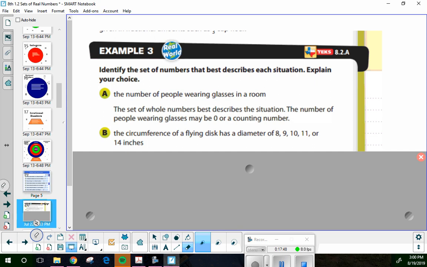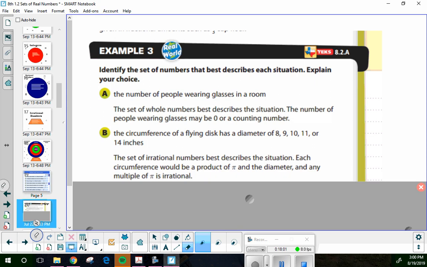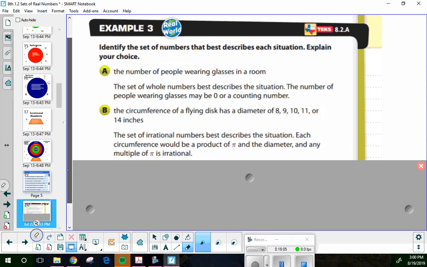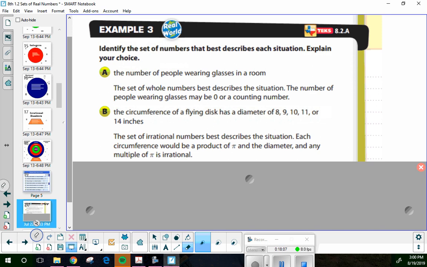Can you have a decimal? Yes, so the best number to describe it would be rational. Moving on.